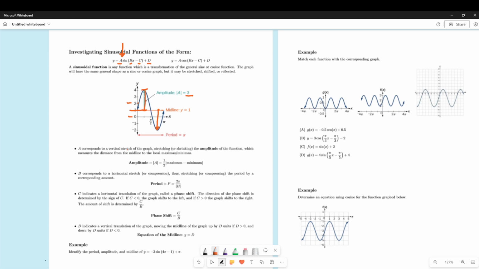So whatever this function is, it does kind of look like our sine curve, but it's going to have a 3 out in front of it, because that 3 is going to make those peaks higher and those valleys lower.